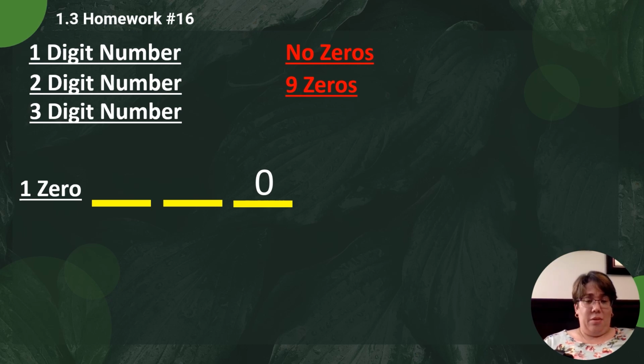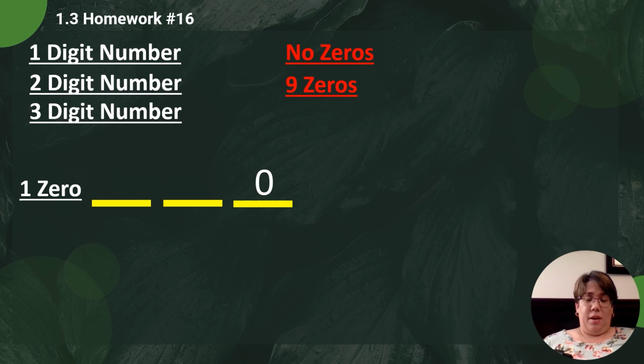Now, I want you to think about the possibilities of what would go in these first 2 blanks. We could have the numbers 1 through 9 here and the numbers 1 through 9 here. So there are 9 possible digits here and 9 possible digits here. Do you agree? Does that make sense? Everybody shaking your head? Yes? Good.